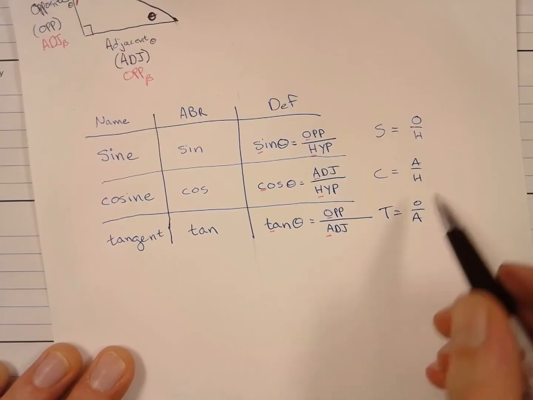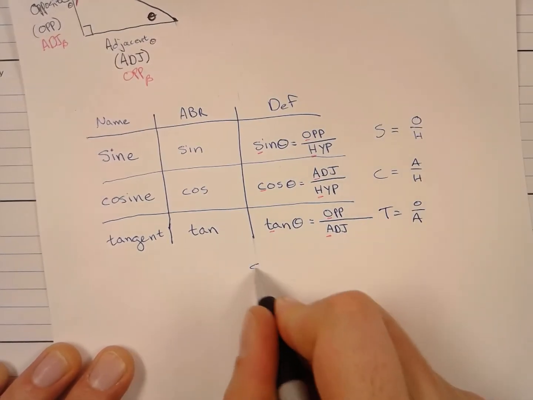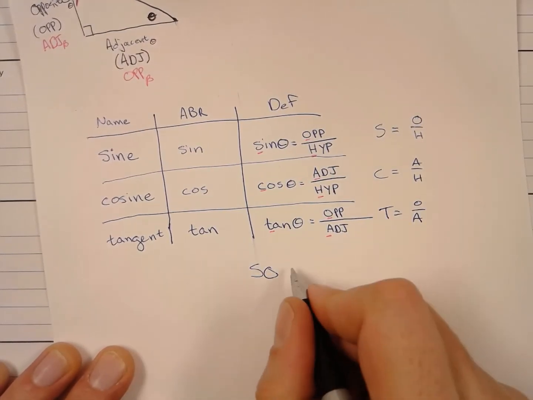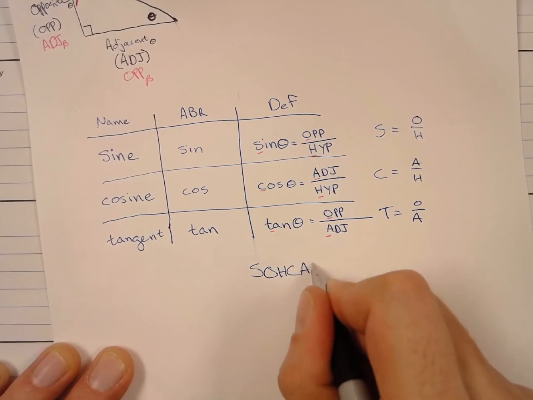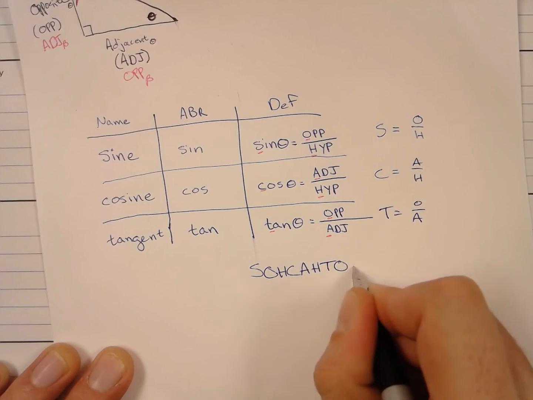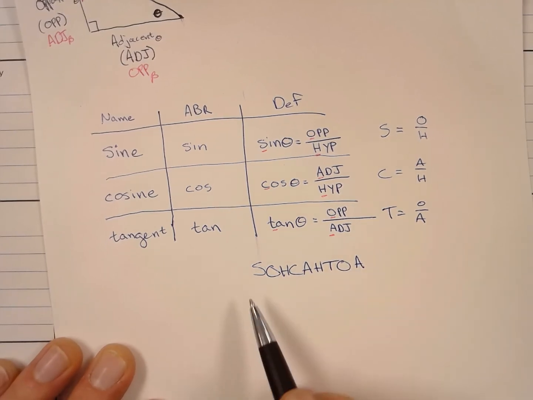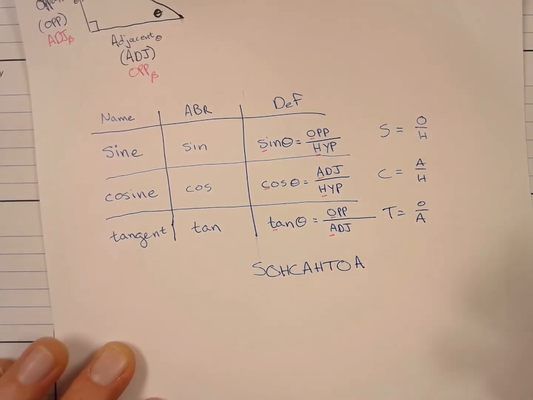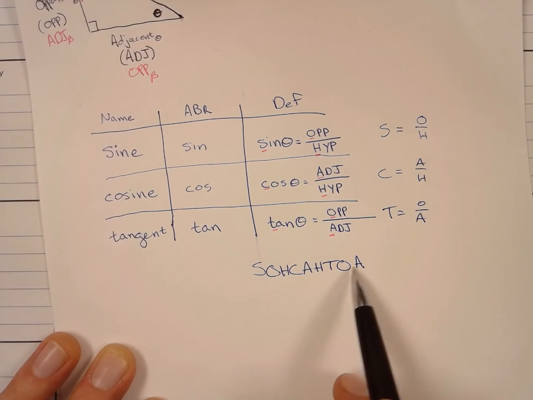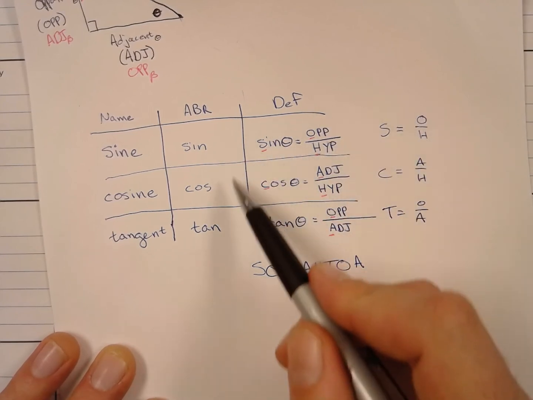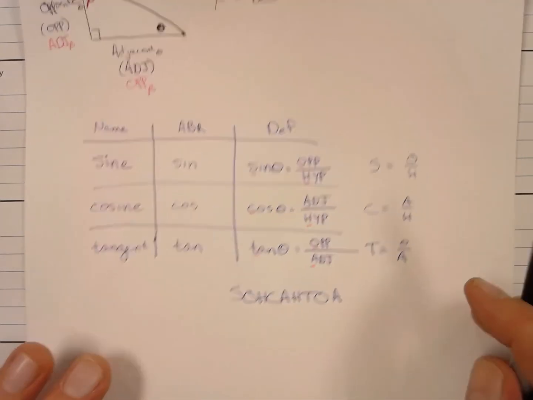Some clever guy figured out that if we took a look at all those letters, it spells out the very Native American sounding SOHCAHTOA. Just like PEMDAS, this is not actually a math definition, it's just an acronym to help you remember these definitions.